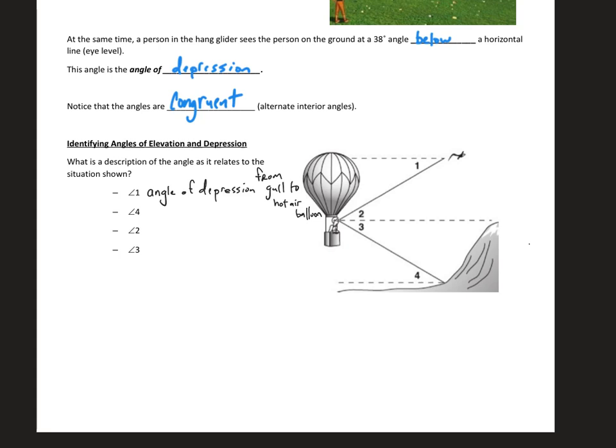Angle 4 is an angle of elevation, and that is from the beach to the hot air balloon, or from the base of the cliff to the hot air balloon.